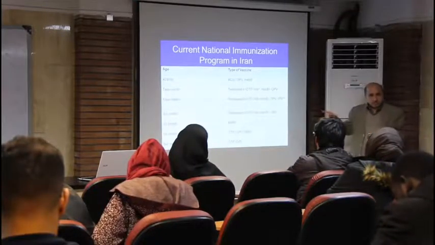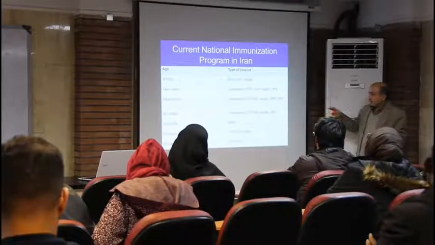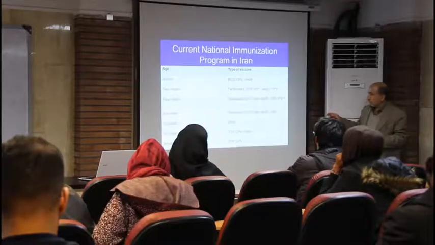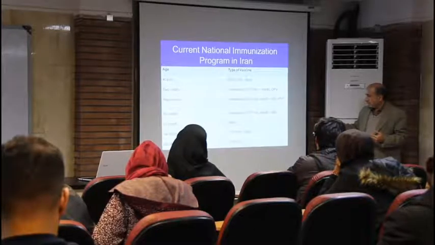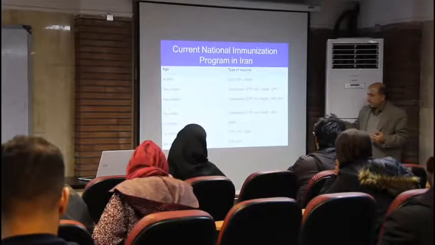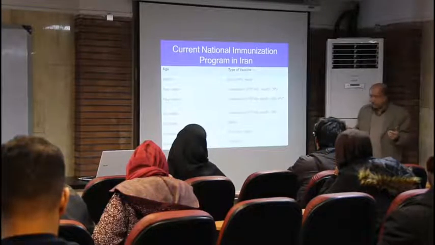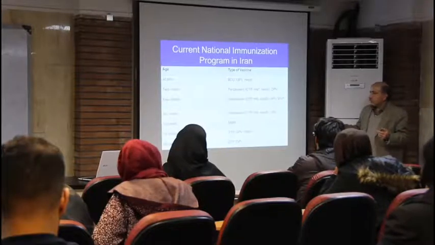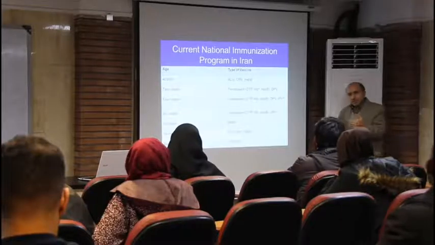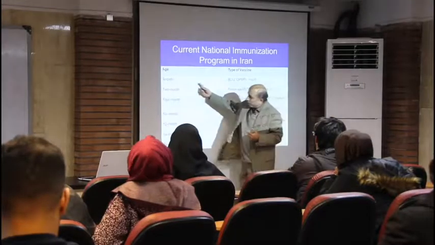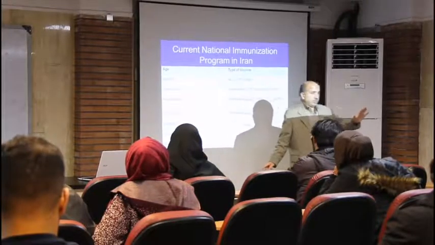At 6 months, pentavalent plus OPV. At 12 months, MMR. At 18 months, DTP, OPV, MMR, and for a child of 6 years old, only DTP and OPV. So in our current immunization plan, every child can get 7 immunization times.